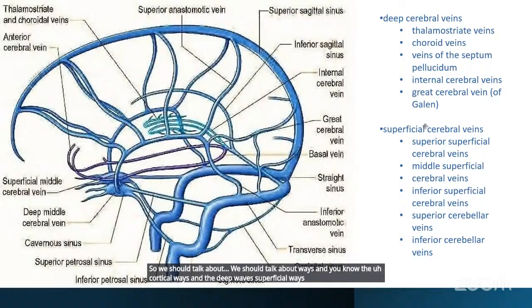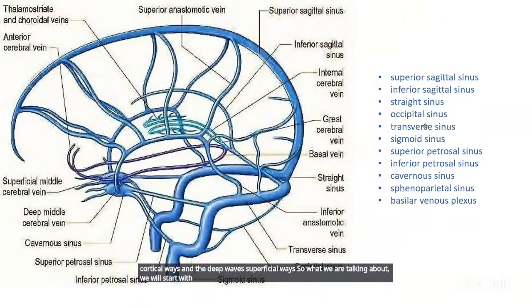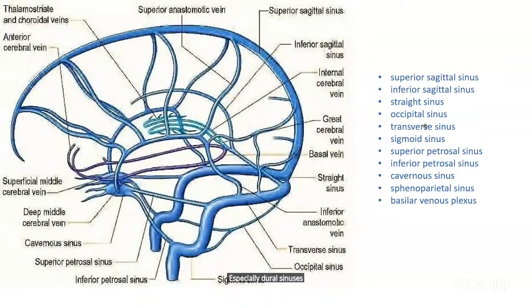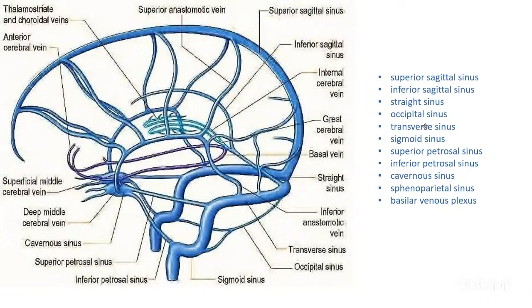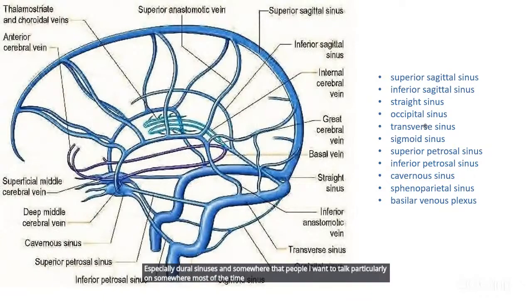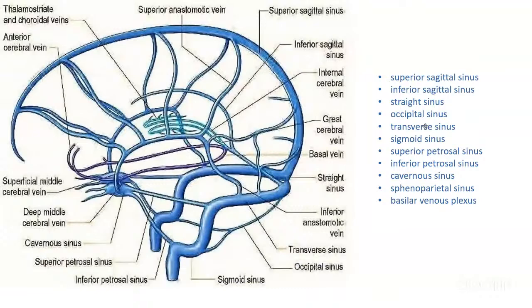So we will start with the superficial veins, then we will go into the deep veins, then we will talk about the dural sinuses, and somewhere that I want to talk particularly on, somewhere that most of the time we pass very quickly in venous anatomy, which is the cavernous sinus and especially the basilar plexus.